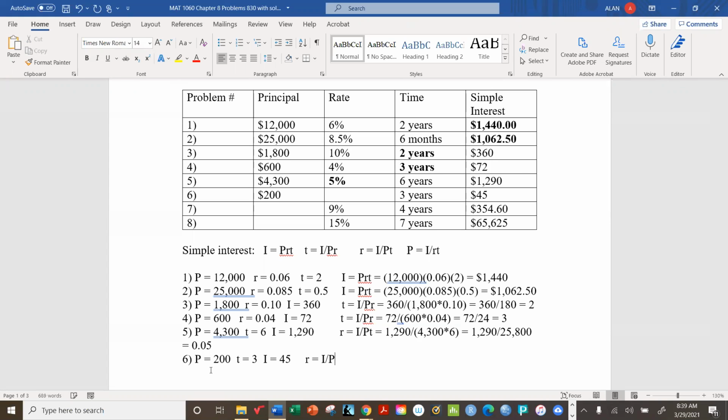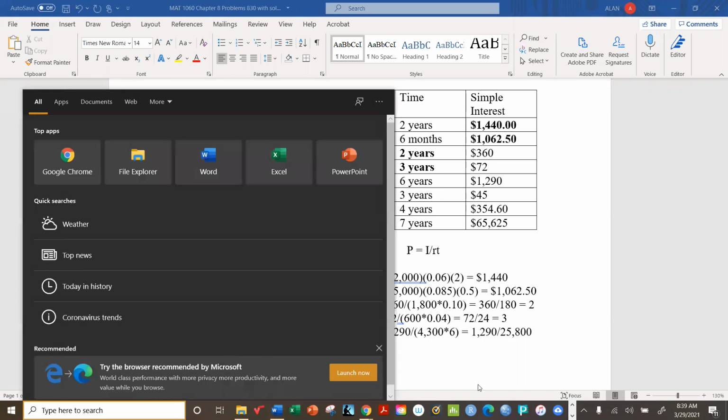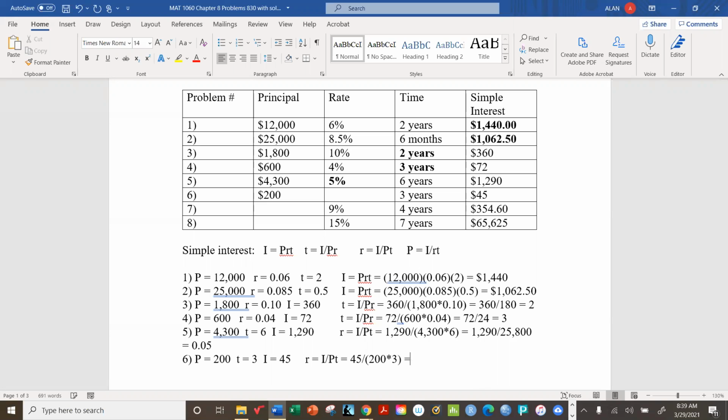So R equals I over PT, and that equals 45 over the product of 200 and 3. 45 over 600. And 45 over 600 works out to be 7.5%.